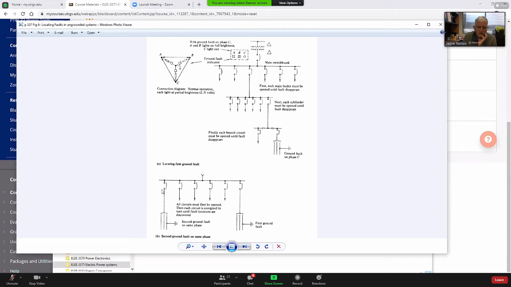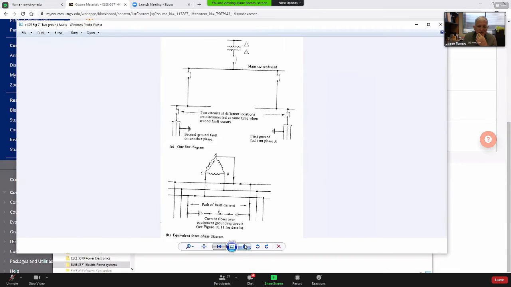You only know that it's in C. So then you close the second switch on the right, and the fault continues there, etc. So you need to open and close until you get to the last and find the fault.